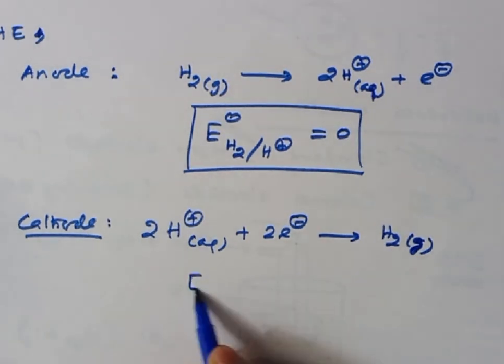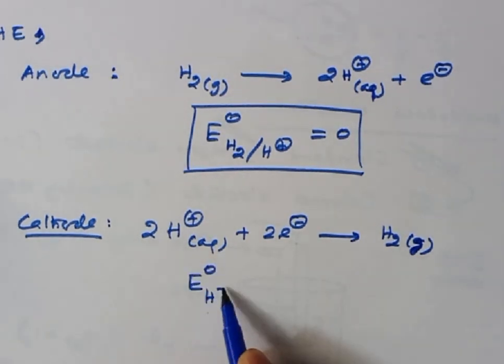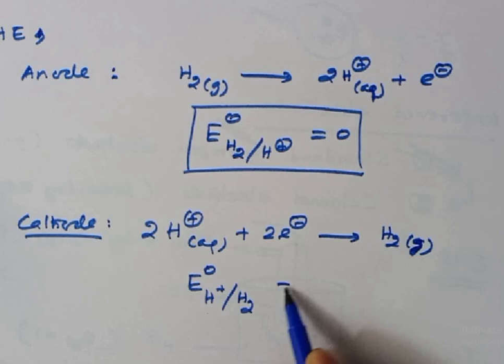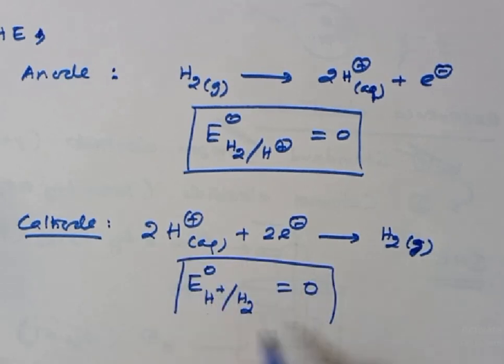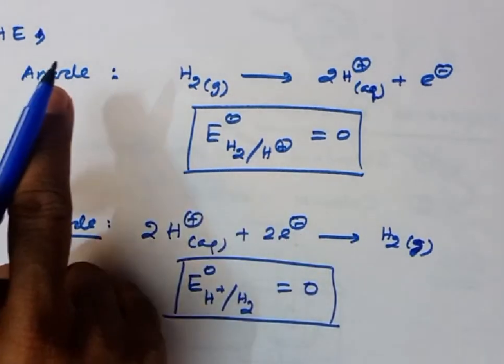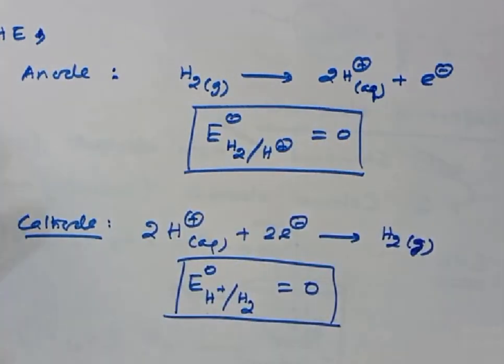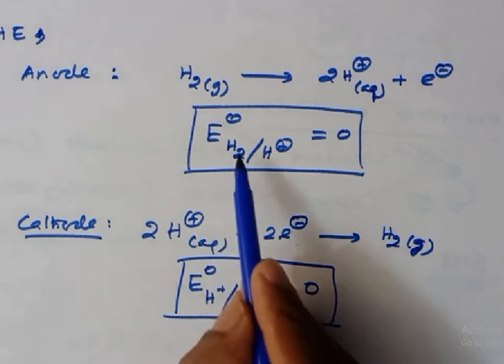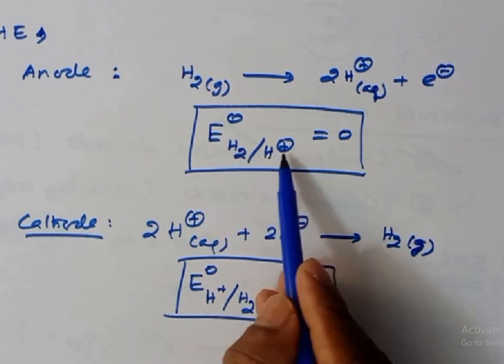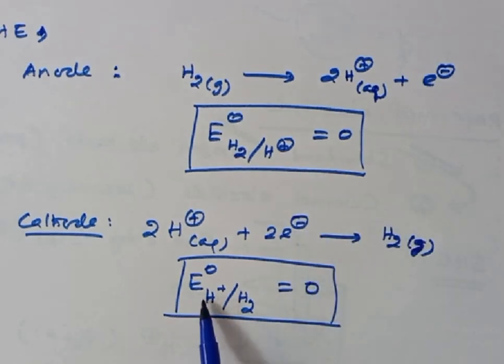And what is the reduction potential? The potential for H plus becoming H2 is also 0. Whether you use the standard hydrogen electrode as anode or cathode, the electrode potential is 0. That's the point you should keep in mind. Students, observe carefully. Standard oxidation potential and standard reduction potential for the hydrogen electrode, both values are 0.